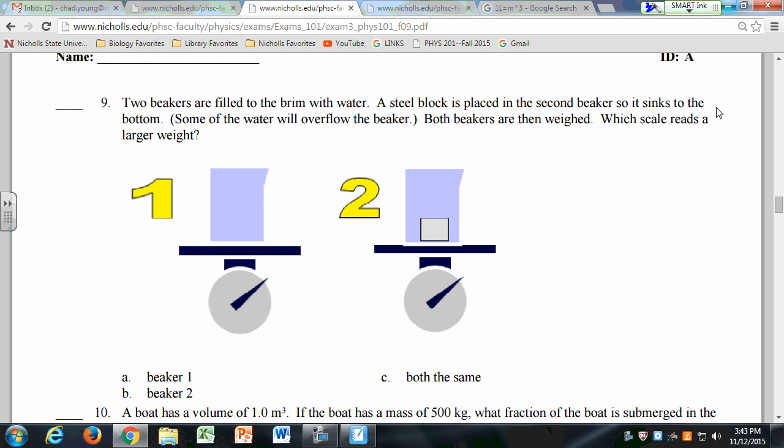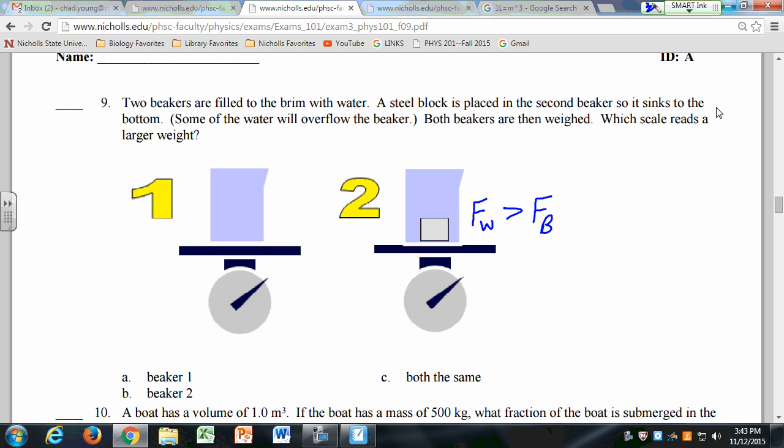If it was floating, they would be the same. But here, it's not the same. The reason is that the weight of this steel block is bigger than the buoyant force. So the steel block displaces some water, but it's a lot heavier. The steel is heavier than the water it displaces.